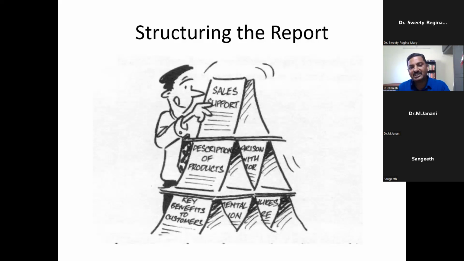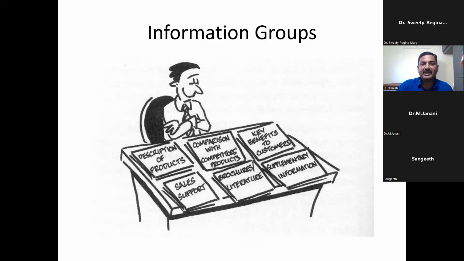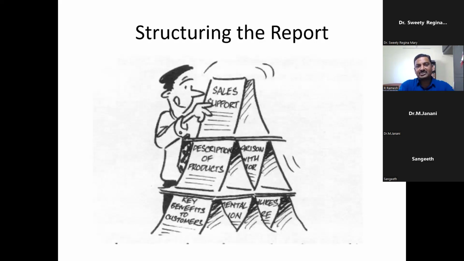All this kind of structuring takes place if you have properly done your information grouping. And for this structuring and information grouping, you need to read at least about 20 very good published research articles, or theses converted into the form of a research article. Then only it is possible.